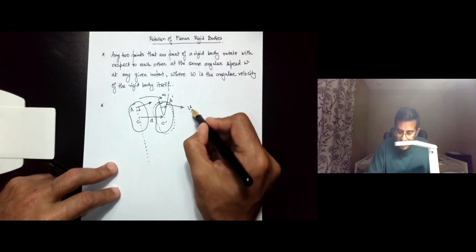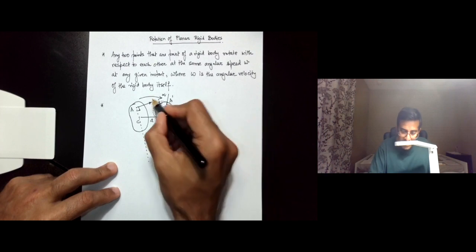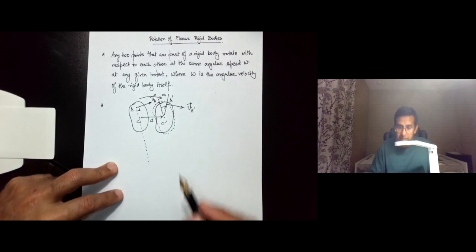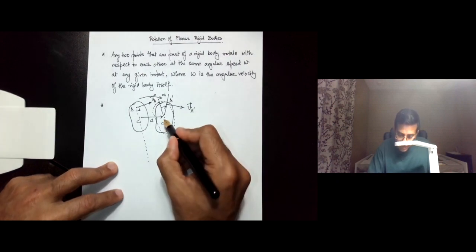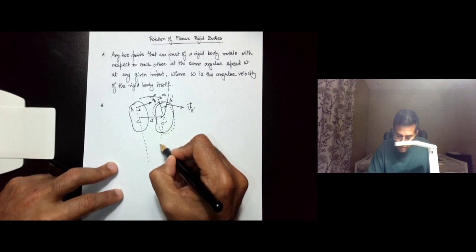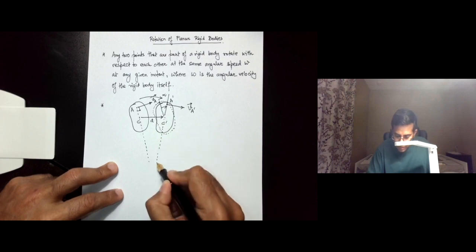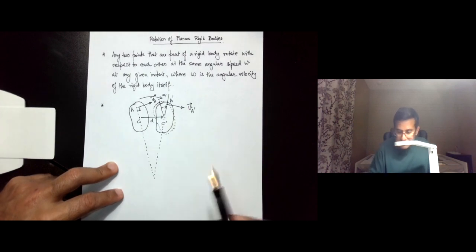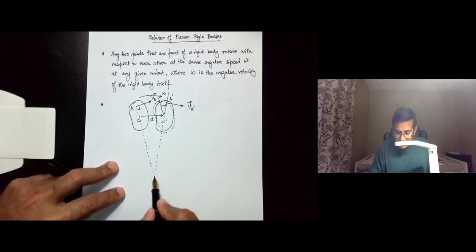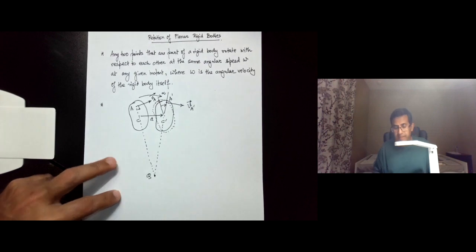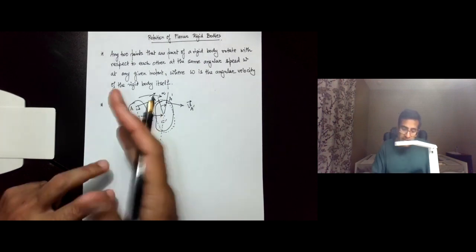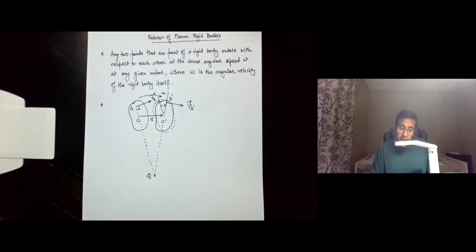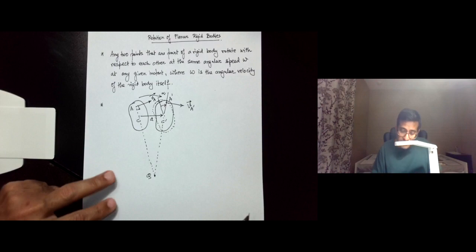Here we have VA prime and here we have VA, right? So I can extend a line perpendicular to VA prime and a line perpendicular to VA, and where they intersect, that is actually the instantaneous center about which we can consider the rigid body to have purely rotated.